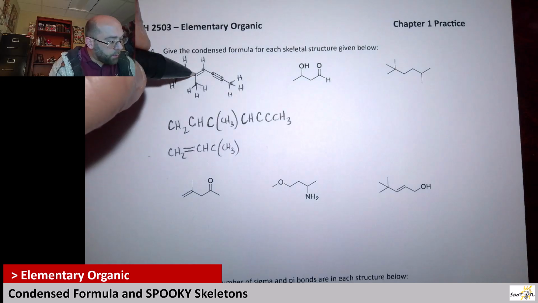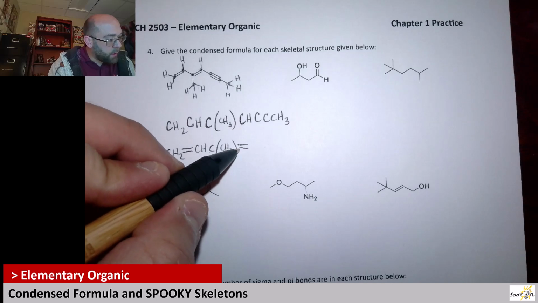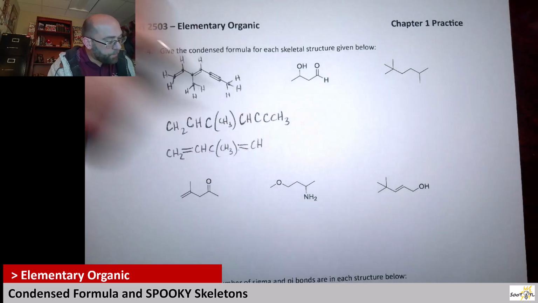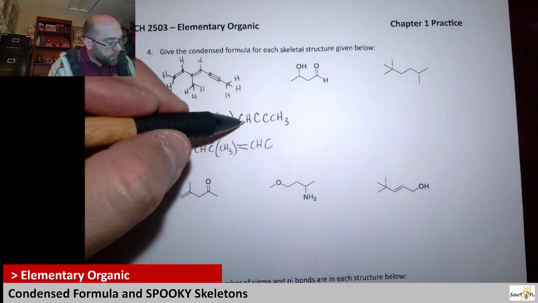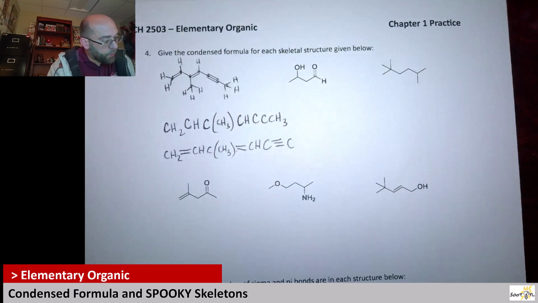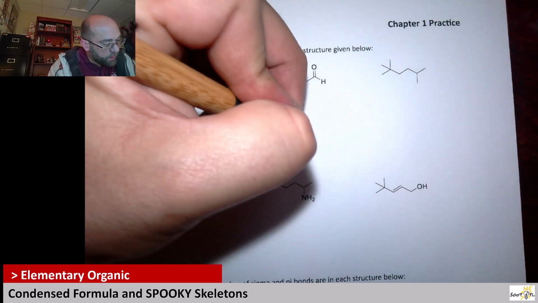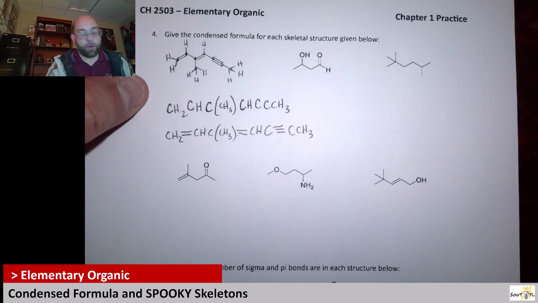Then did a double bond here, right? Because that carbon's going to get the double bond. And then do a CH. Then do a C, right? And then there's a triple bond between those 2 C's. So 1, 2, 3. Do your second C and then CH3. So technically both of those would be condensed. One is just more condensed than the other.